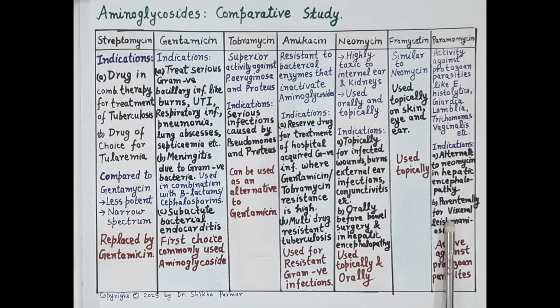Parenterally, paromomycin is used for the treatment of visceral leishmaniasis. So, a very important feature of paromomycin is that it is the only aminoglycoside that is active against protozoan parasites. So, this is in brief the pharmacology of aminoglycoside antibiotics.